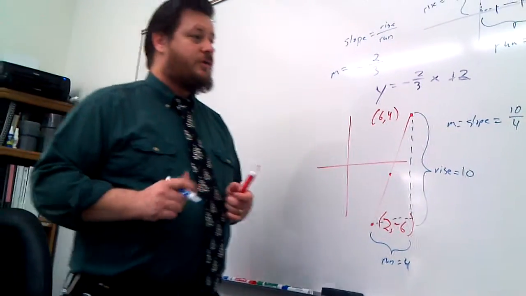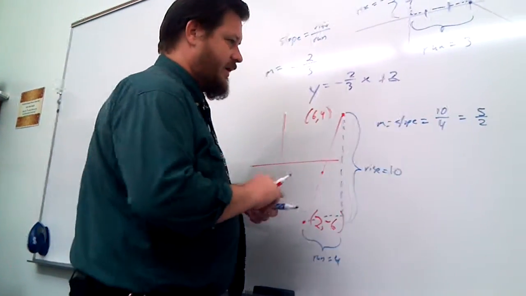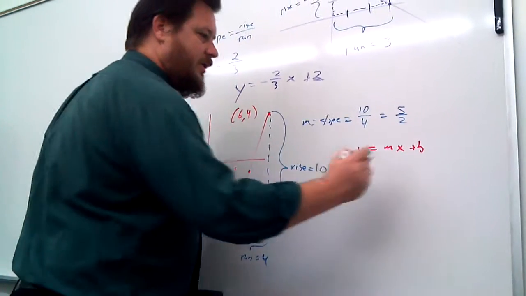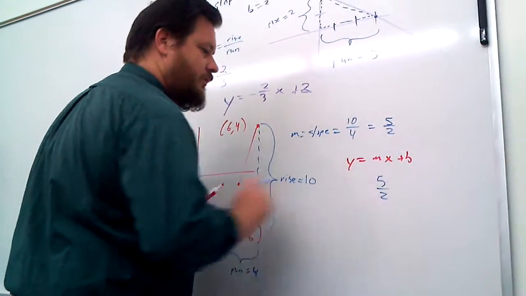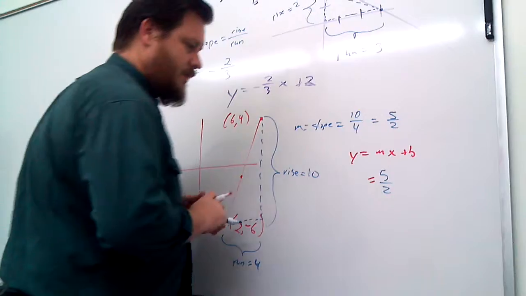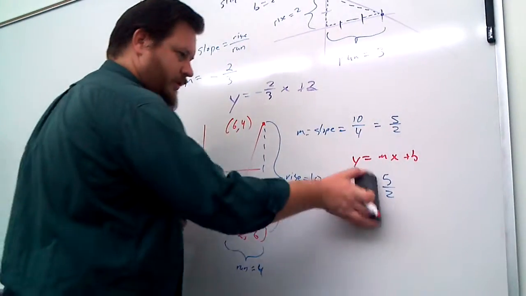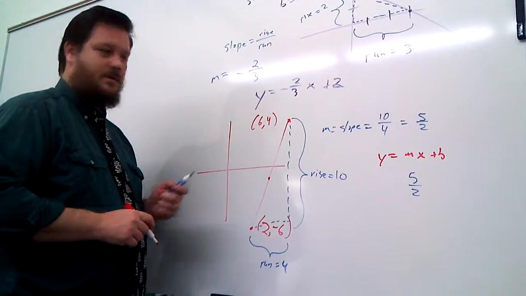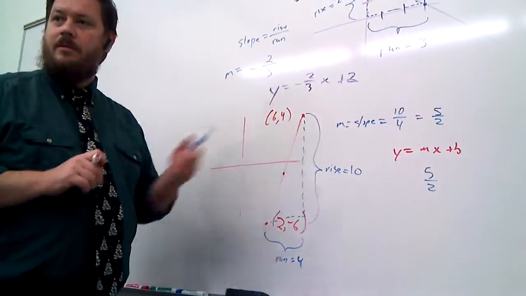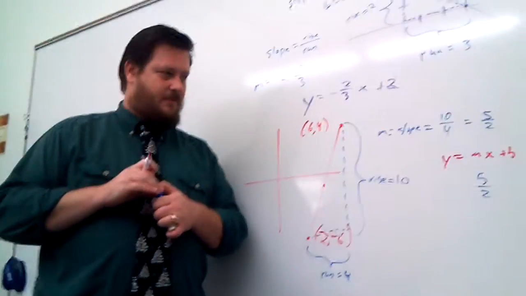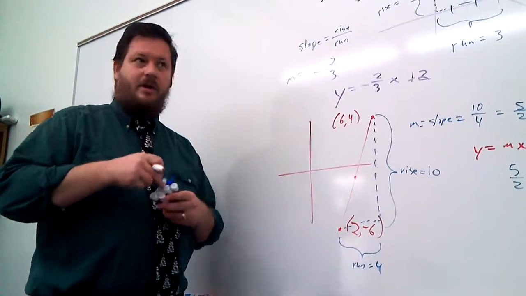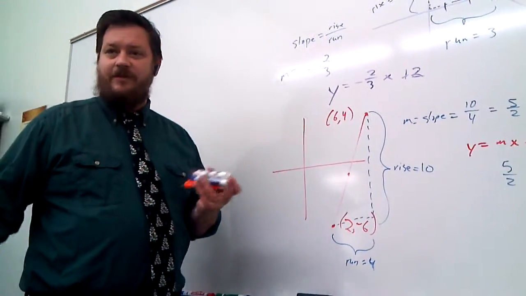So what we could do is take y equals mx plus b, plug in our slope of 5 over 2, and which point do you want to use? Why did you say the top one? Because there's no negatives. Good, excellent. That's why I would use that one. Don't work with negatives if you don't have to.